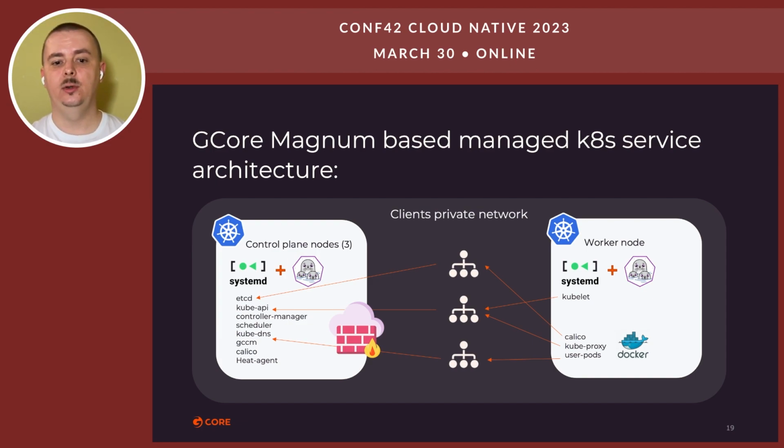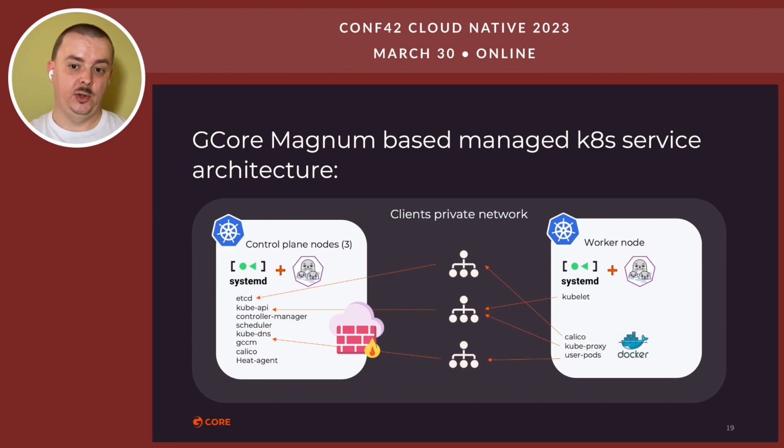And we also have a firewall which only allows access to those 3 exposed services. And none of that is visible for the client. So client cannot see the firewall, the control plane nodes, and the load balancers.